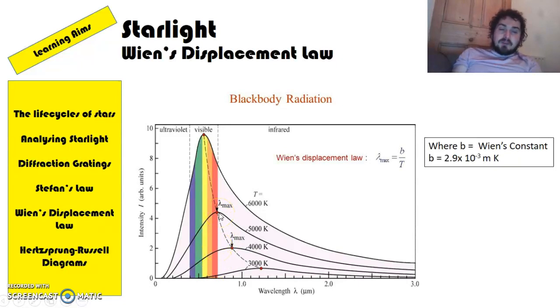And then once again, between 5000 and 6000, the same change in temperature represents a much smaller change in the max lambda than before, but a huge change in the intensity. And this leads to Wien's displacement law, which is that lambda max, the peak wavelength emitted from any substance at a temperature T, is inversely proportional to that temperature T. The constant of that inversely proportional relationship, B, is called Wien's constant, where B equals 2.9 times 10 to the minus 3 meters Kelvin.